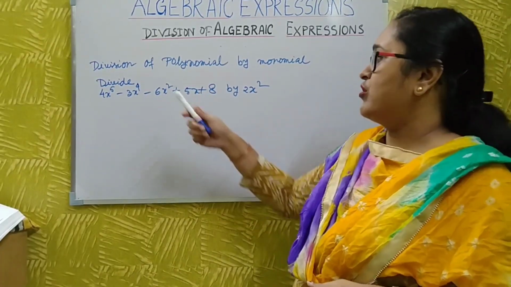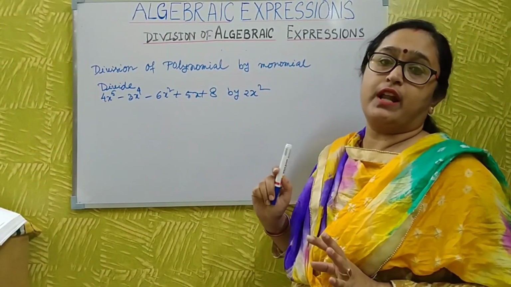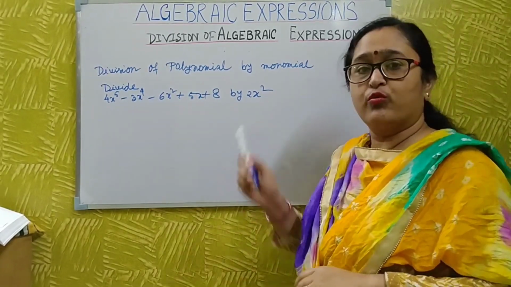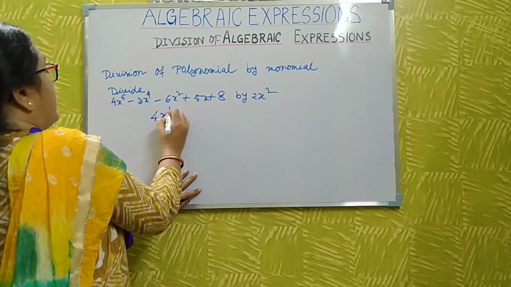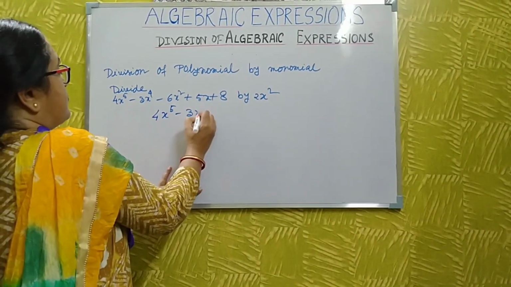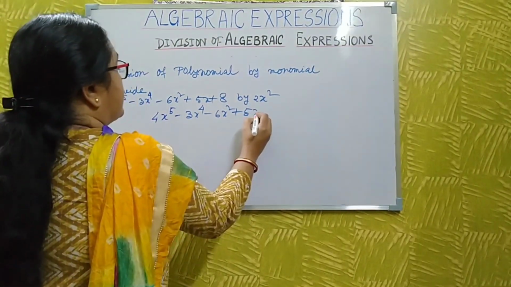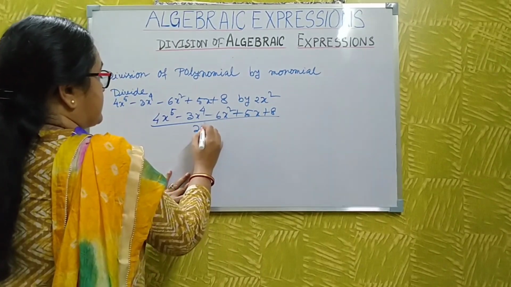Now I discuss division of polynomial by monomial. This is a polynomial, and you divide it by a monomial. What is this? You take 4x⁵ minus 3x⁴ minus 6x² plus 5x plus 8, divided by 2x².